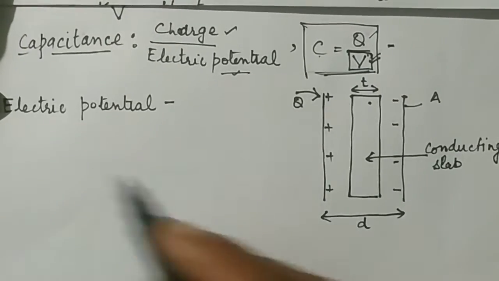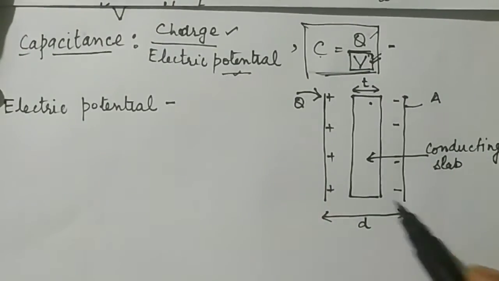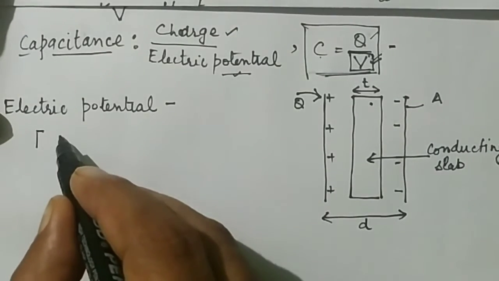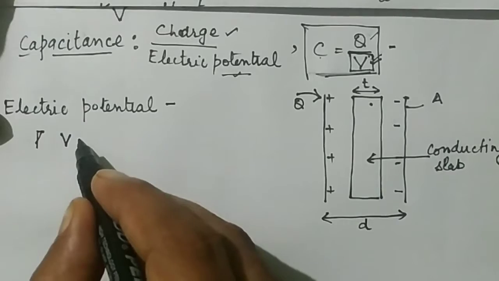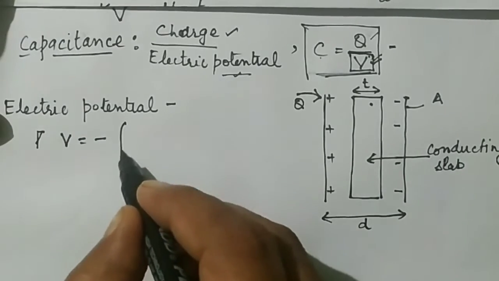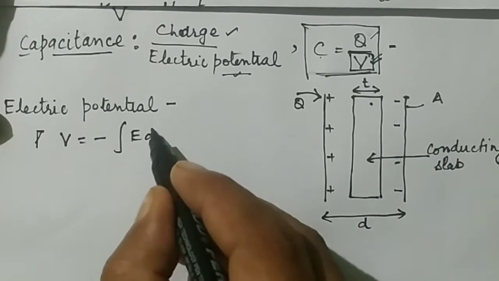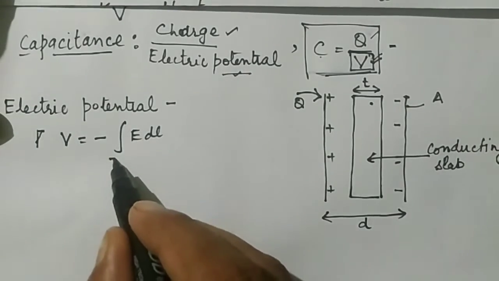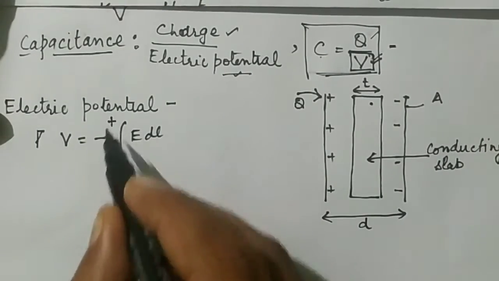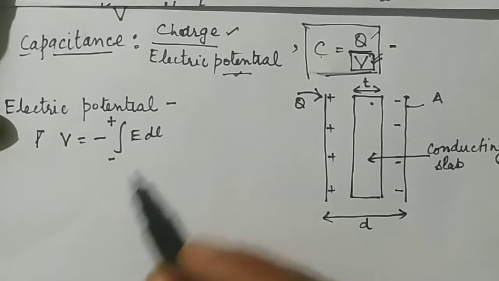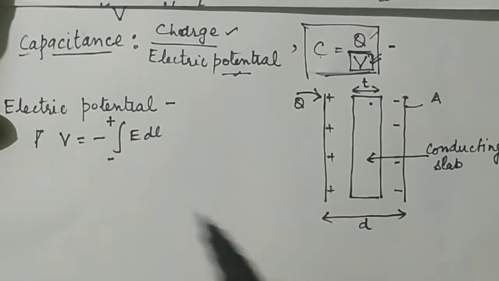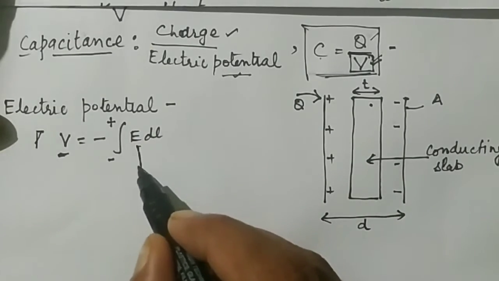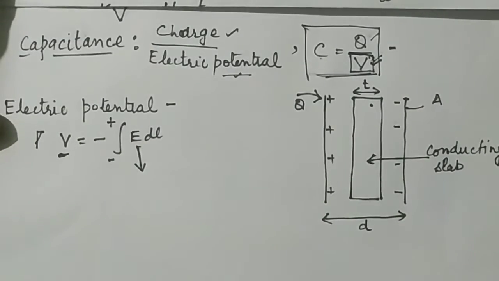So the electric potential between these two plates. How do we find it? We know the electric potential is equal to the negative of the line integral of the electric field, calculated from the negative plate to the positive plate. So you need to know the electric field between these two plates.